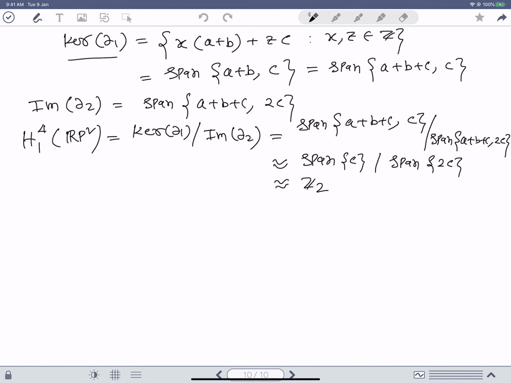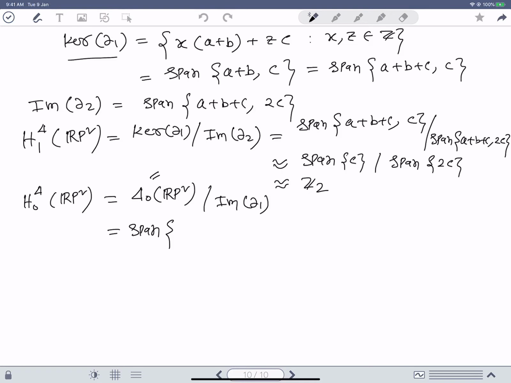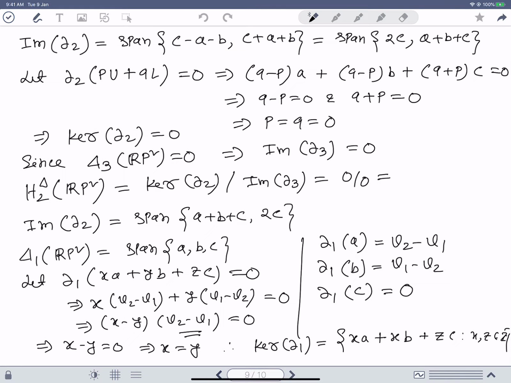Now we can compute the zeroth homology of RP2. Now what is that, H0 of RP2? We know that is C0 of RP2 quotient with image of ∂1. Now we know that C0 of RP2 is spanned by v1, v2, and this is also the kernel of ∂0, right? And what is image of ∂1? We have seen that here from this, right?